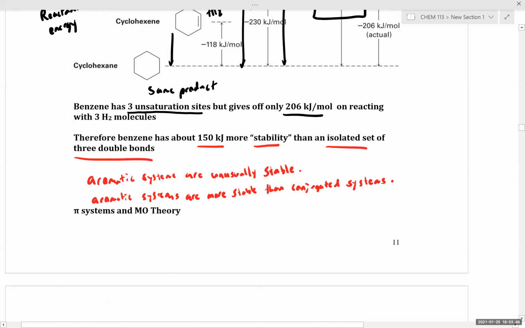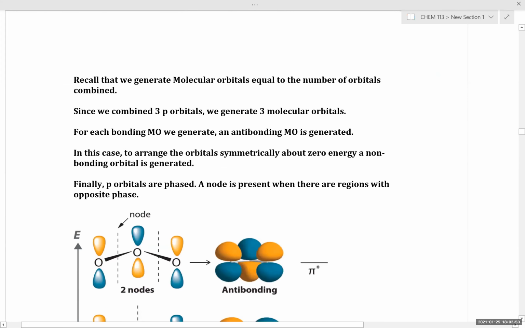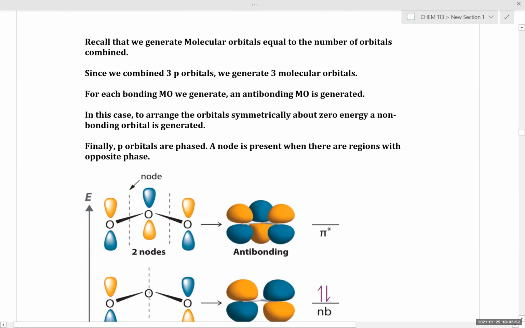Okay, so let's talk about pi systems and MO theories. In molecular orbital theory, you generate molecular orbitals equal to the number of orbitals combined. In this case, we're going to be studying ozone, as it has some pretty informative components.